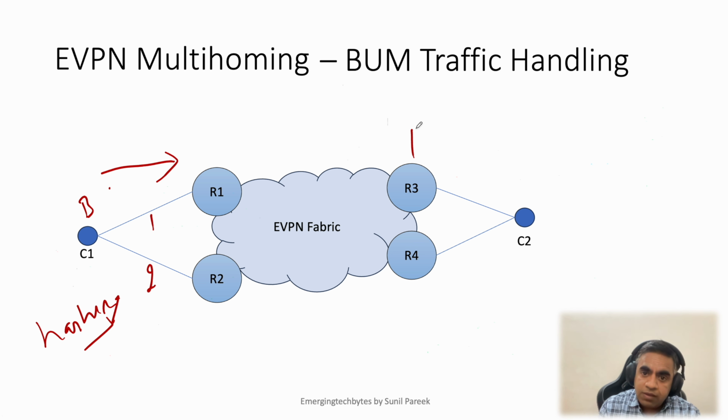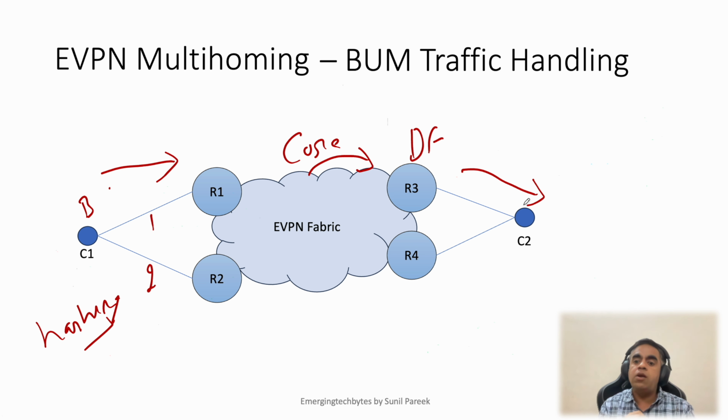The role of DF will come into the picture here when the traffic comes from the core side and travels to the end host side. In this case, only R3 will forward this broadcast packet, not R4, so that we avoid duplication of frames when it is received at C2.